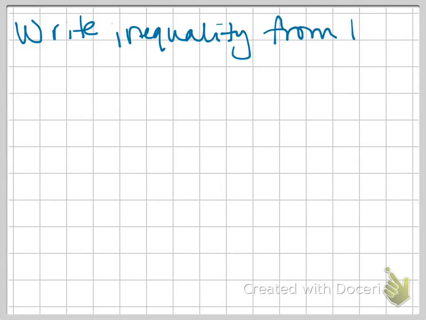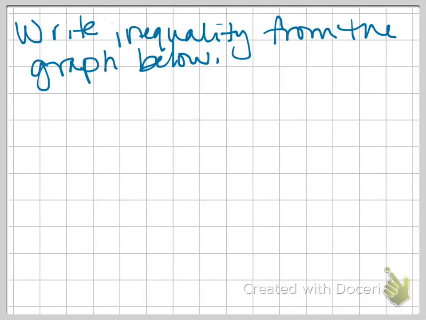One final thing that I want to do is a set of directions that say write the equation. Why did I say equation? Excuse me. Write the inequality from the graph below. Okay, so that means that you're given a graph. Oh, that was a little bit gross.